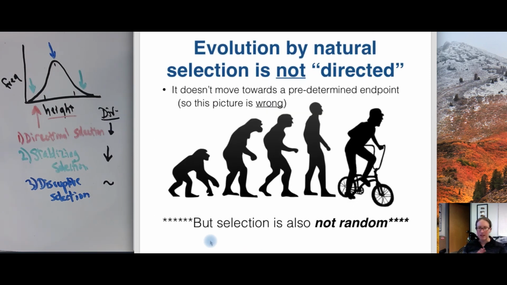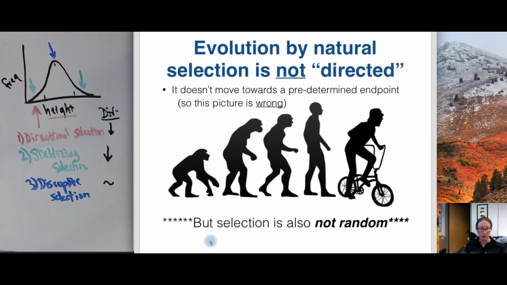Okay, so again, from talking about some types of selection and the shapes of response, I just want to re-emphasize that this process of evolution by natural selection is not a directed process. It is not moving towards any predetermined endpoint.